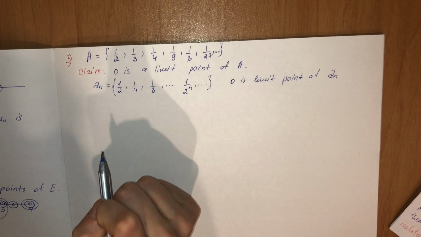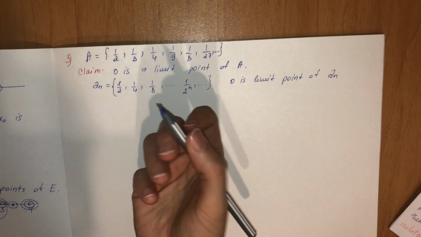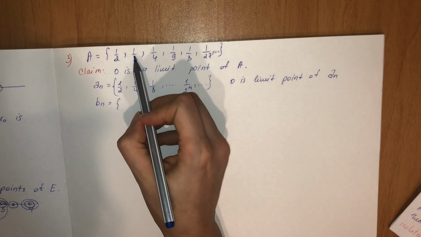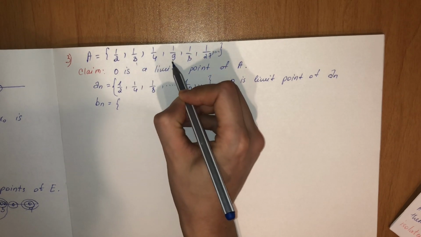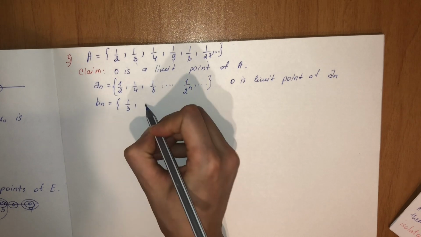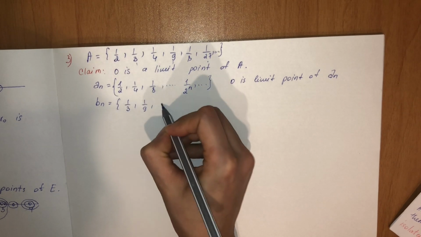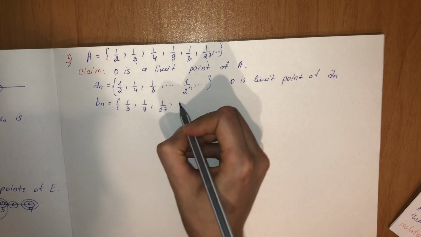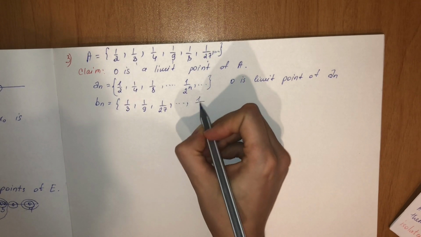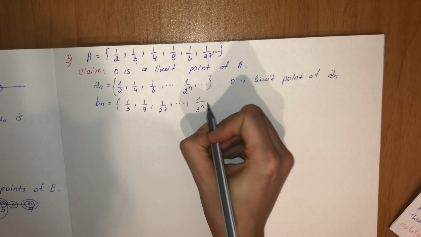Let's find another sequence. Let it be bn. Let's choose these points: 1 over 3, 1 over 9, 1 over 27. It keeps going. This is 1 over 3 to the n.